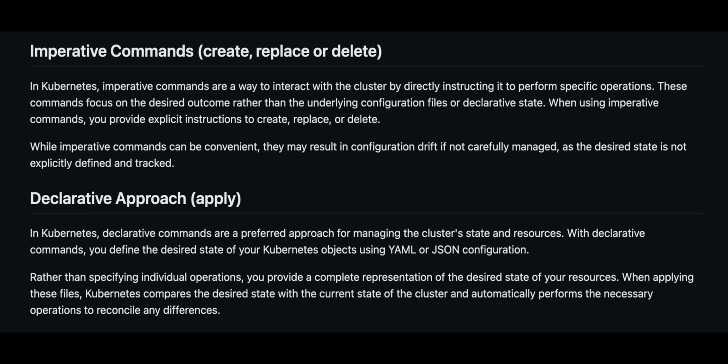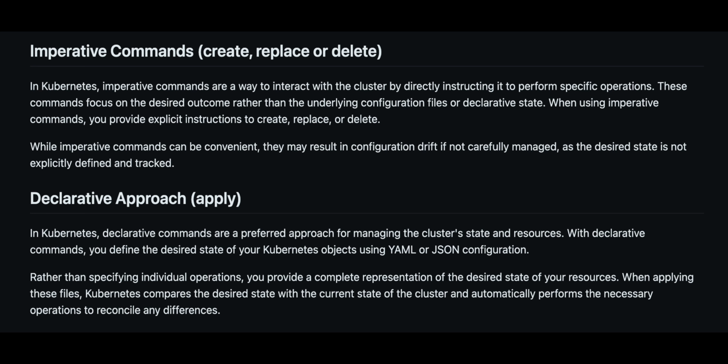Now let's talk about the declarative approach, that is apply. In Kubernetes, declarative commands are the preferred approach for managing the cluster state and resources. With declarative commands, you define the desired state of your Kubernetes objects using a YAML or JSON configuration.